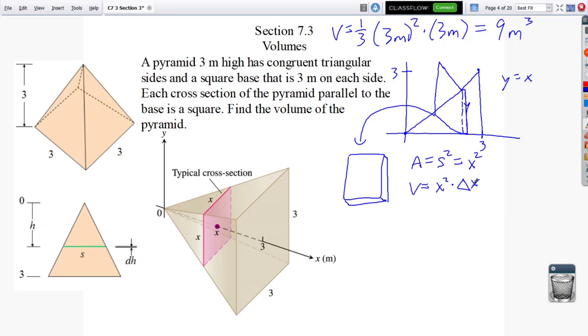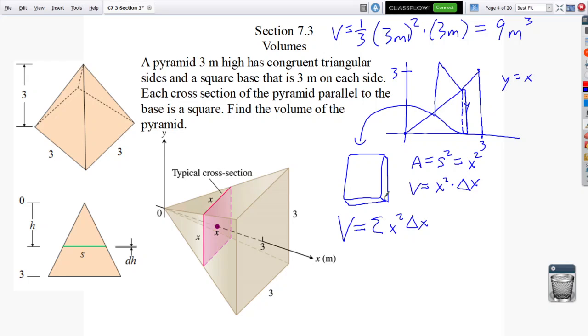If we want to add all of those volumes together, that's a volume of just one cross section, but our total volume, big V here, is going to be the sum of all of the areas of those little tiny squares. Now we know in order to make this as good as possible, we want those squares to have very negligible width.